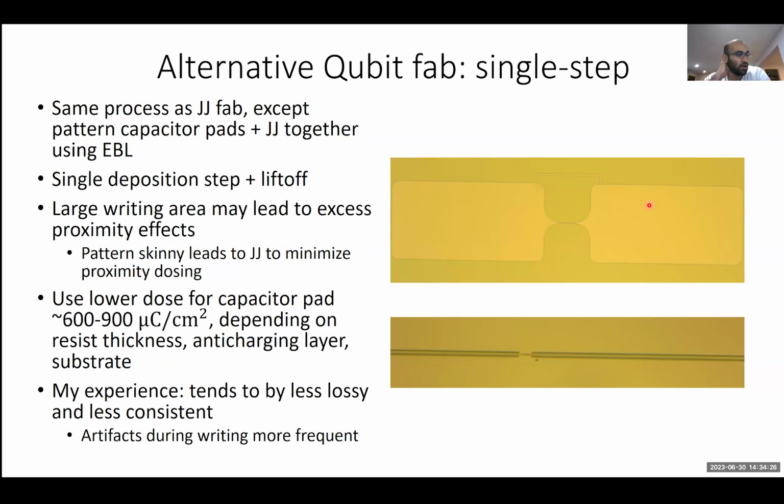There is another alternative to depositing a separate anti-charging layer, and that's by spinning a conductive layer. I think one common one is called PSSA, which is a water-soluble conducting layer that you can just spin on top of your e-beam resist stack in order to have that sort of anti-charging layer.